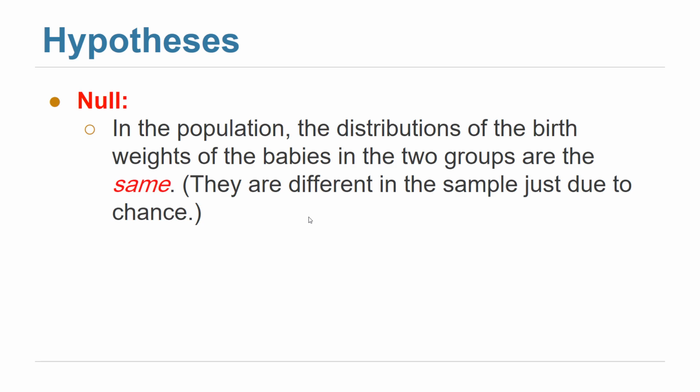In hypothesis testing, the first step is to set the hypotheses. So what are the hypotheses here? The first one, which is as usual the null hypothesis, is that both groups came from the same distribution, from the same population, which means that the average weights of the babies were just different because of randomness, due to chance, due to the way that the mothers were selected in the two groups, nothing else.